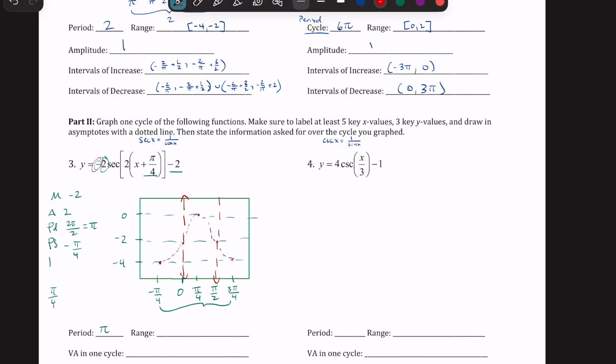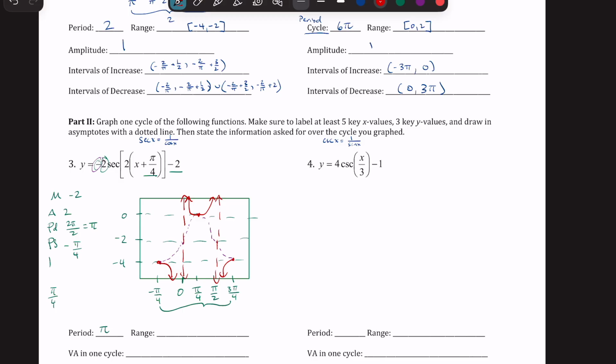So the asymptotes always go through the midline because that's where cosine would be 0. And since secant is 1 over cosine, that'd be 1 over 0, which is undefined. And then I take my graph and I go, okay, there's my secant graph, just like that. So I graph the cosine and then I reciprocal it.